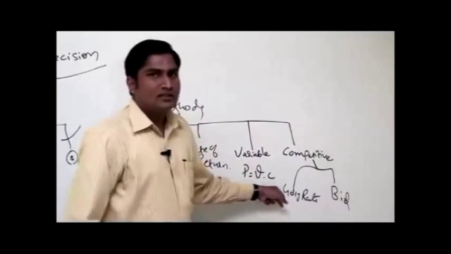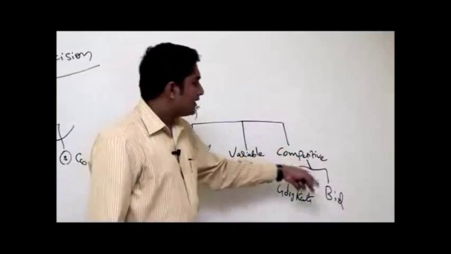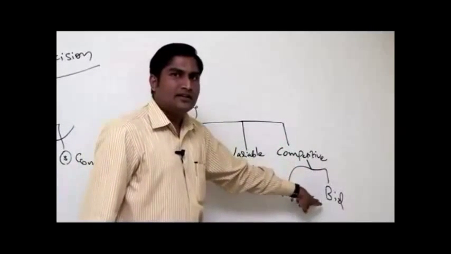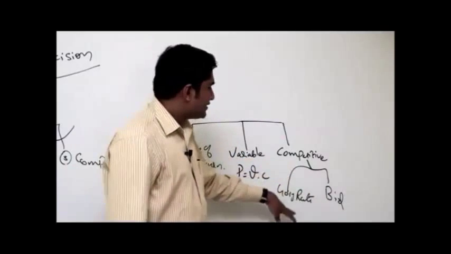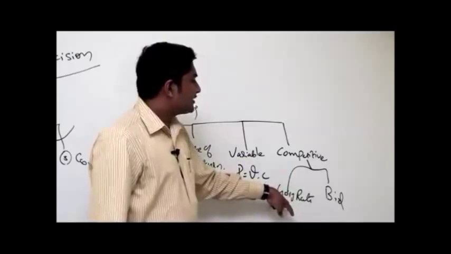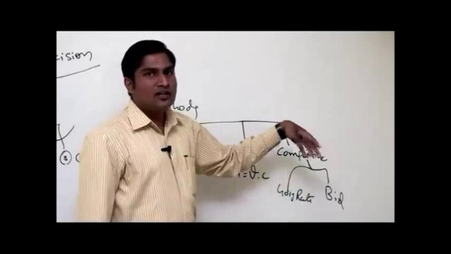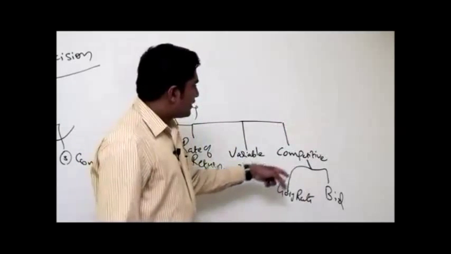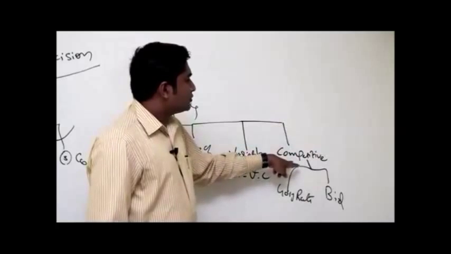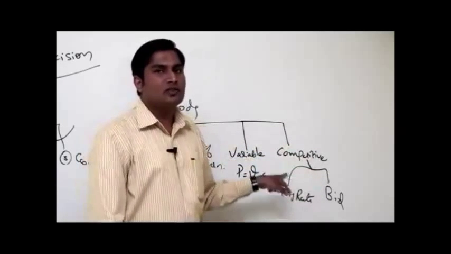Going rate means the price charged by the competitor is determined as our price also. In bid, the firm, instead of keeping its price at the average level of the industry, expects how the competitors are going to charge, and on that expectation it bids a bit lower price than its competitors.